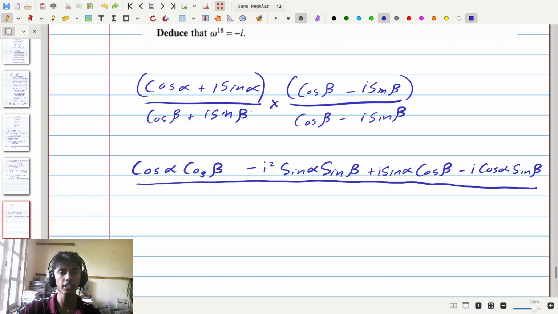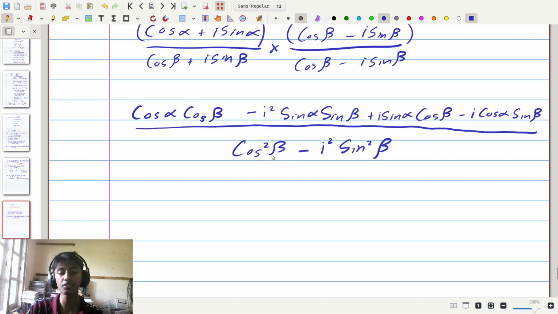Now here we can see these two are the difference of squares, and therefore we're going to get the first number squared, cosine squared of beta, minus the second number squared, which is i squared sin squared beta. Now we can simplify all of this by simply putting i squared equals negative 1.